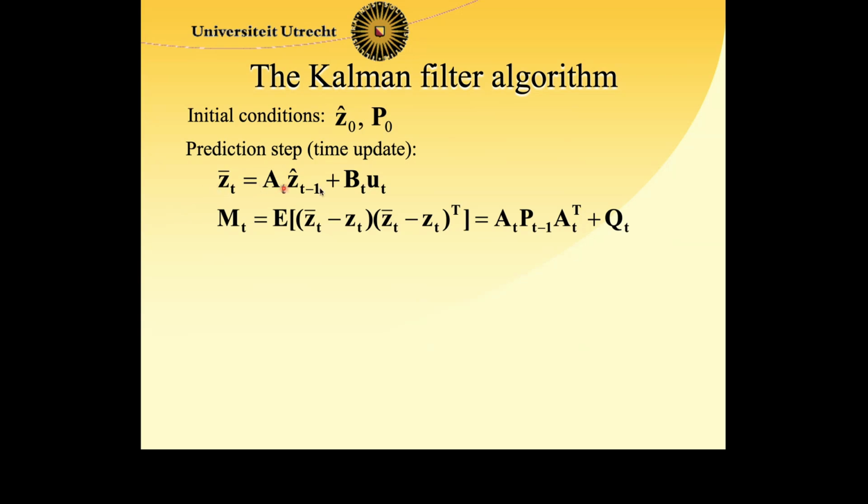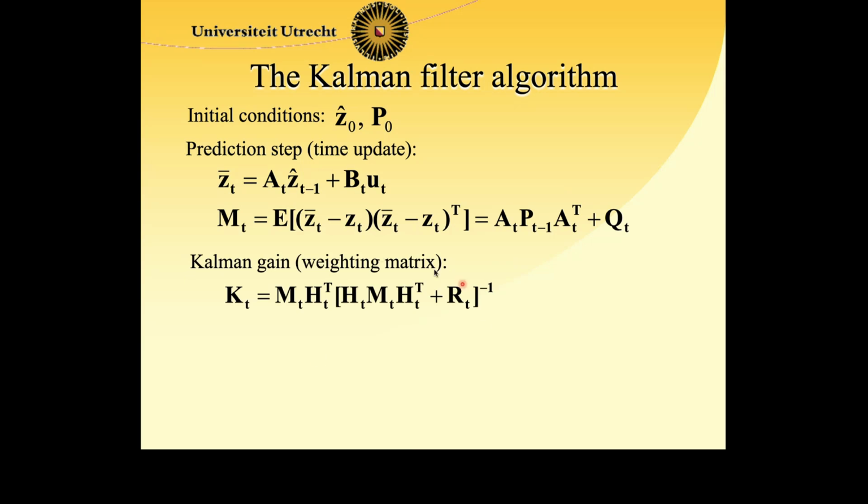So that's a one step ahead prediction. We can also compute the variance covariance matrix of the prediction error, which is the covariance of Z minus its unknown value. And it's actually equal to this one here.